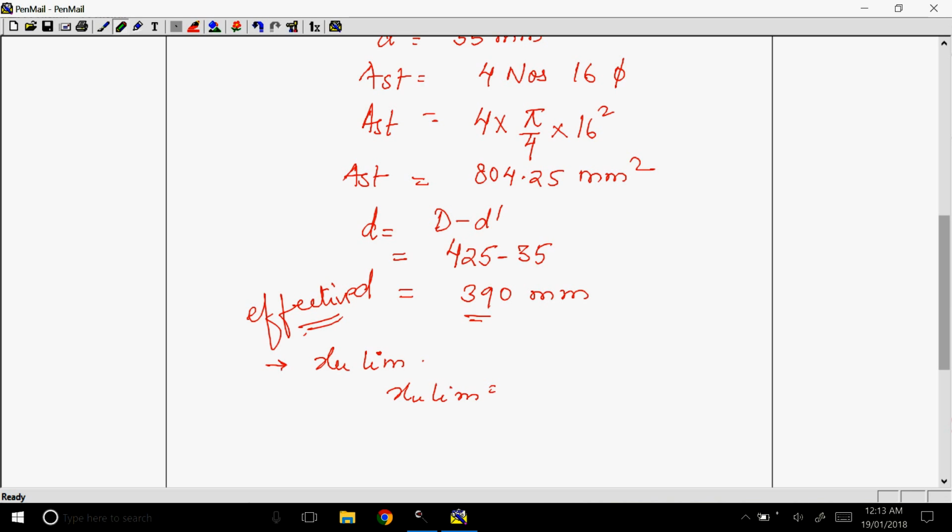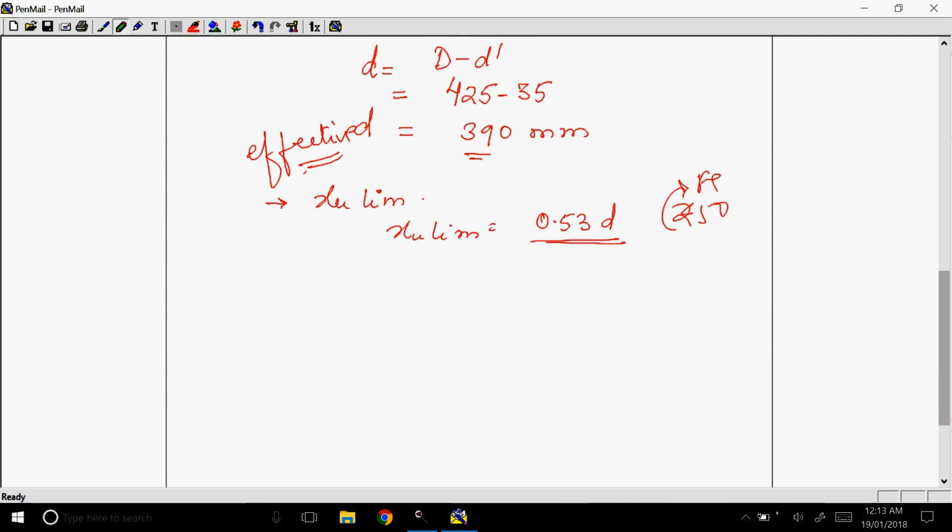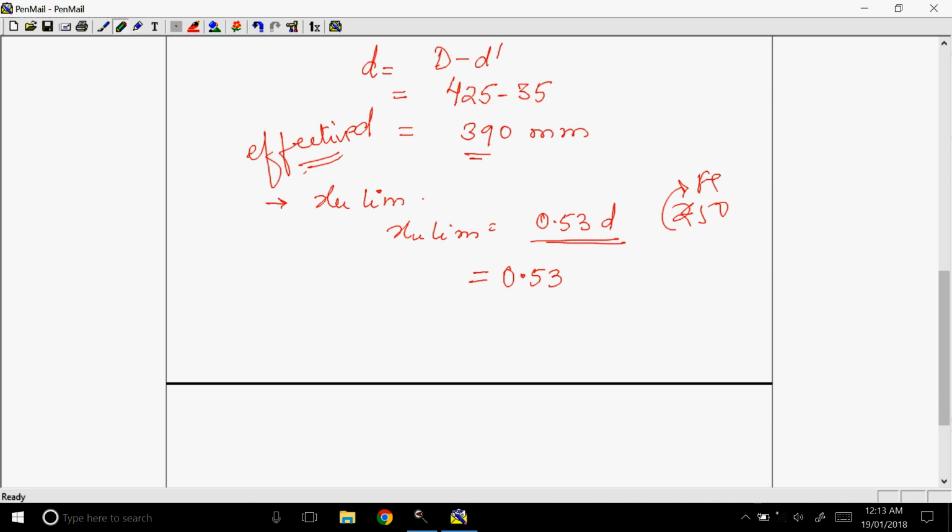So 0.53 times your effective depth, that is 390, which is equal to 207.09 mm. So now we have our Xu limiting.